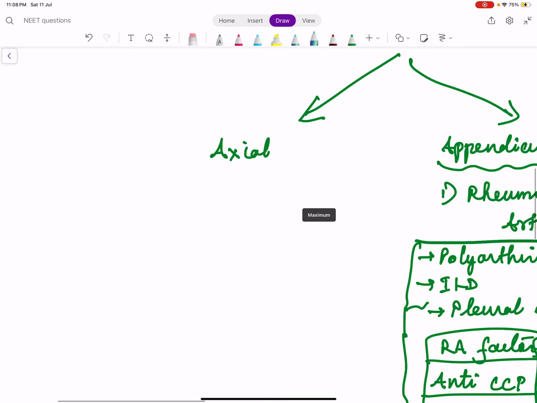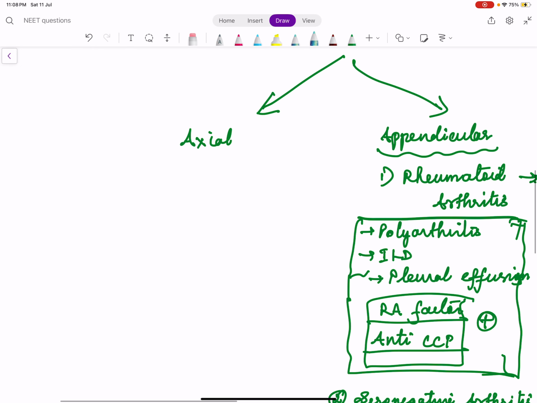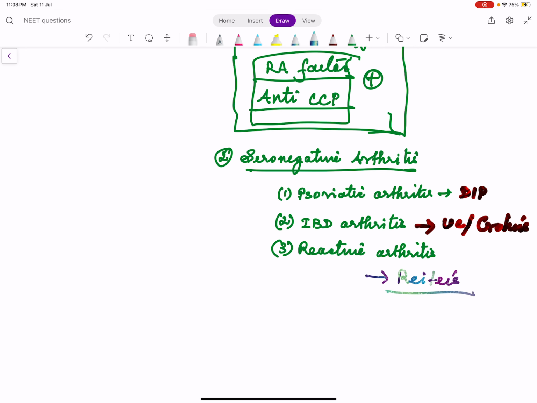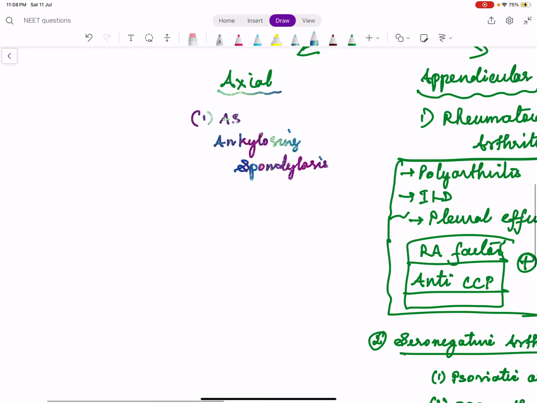But we have the main seronegative arthritis which affects the axial skeleton or the spinal joints, which is AS, ankylosing spondylitis. So there are 4 seronegative arthritis. One is ankylosing spondylitis, which affects the spine. Psoriatic arthritis, IBD arthritis, reactive arthritis affect the appendicular skeleton.